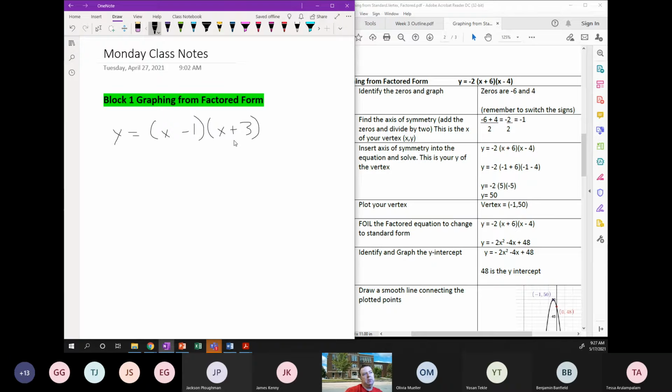Okay. What are the zeros of this equation here? So step 1, zeros slash x-intercepts. Who can tell me what my zeros or x-intercepts of this equation are?